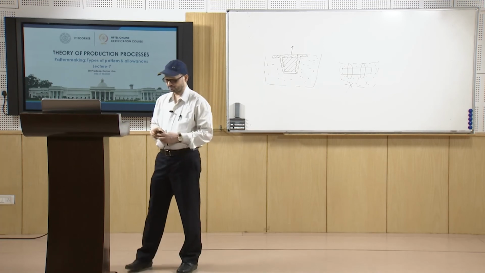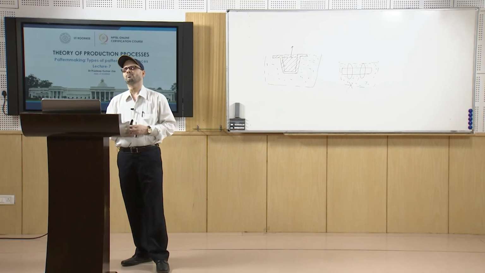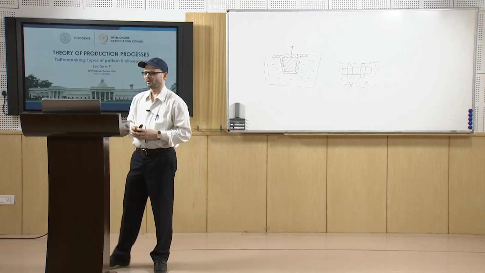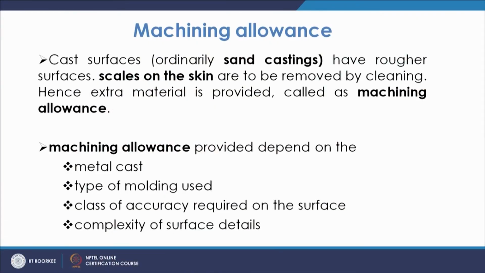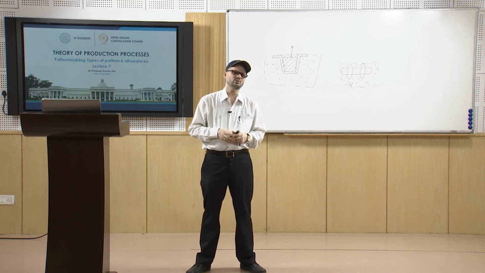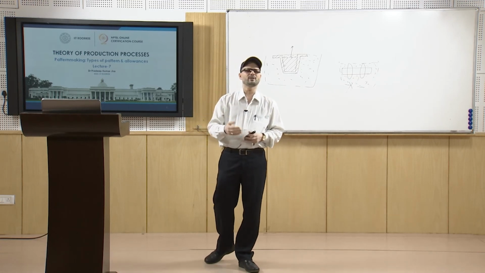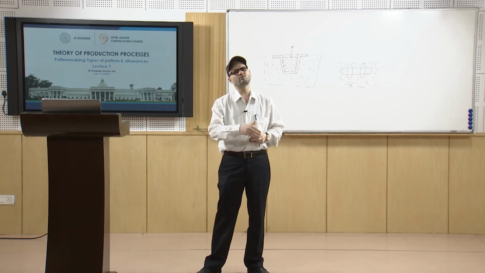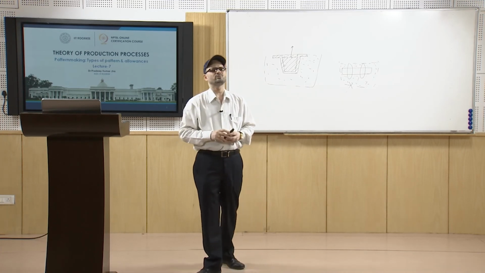It depends upon the type of metal which you are casting, the type of molding method you are using, the class of accuracy required on the surface and the complexity of surface details. Many metals give a good finish and many do not. It also depends on the molding method used: you may go for hand molding or machine molding. That way the machining allowance will vary.